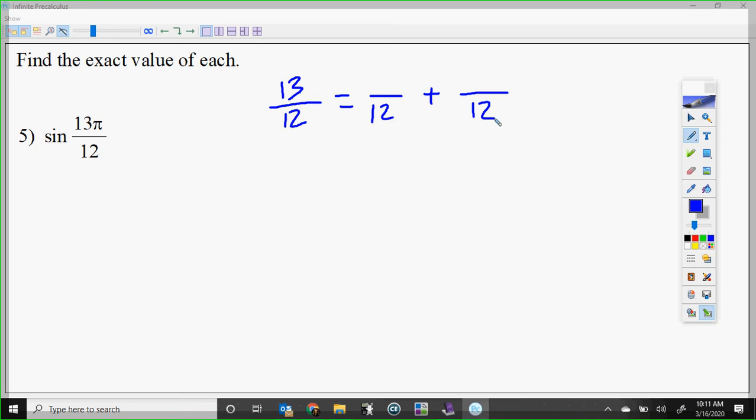So these two fractions have to simplify. So whatever number I put on top as my numerators have to be able to simplify. And what I mean by that is if I put 1 and 12, that doesn't work because 1 over 12 doesn't simplify. I can't simplify 1 over 12, so that's not going to be on my unit circle.